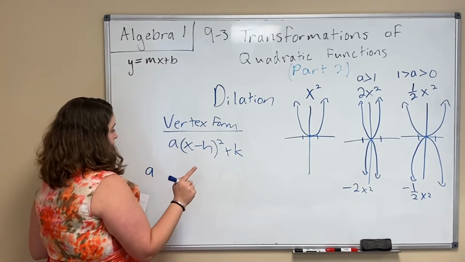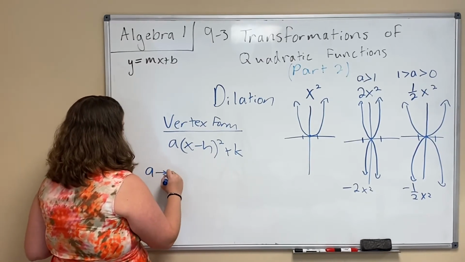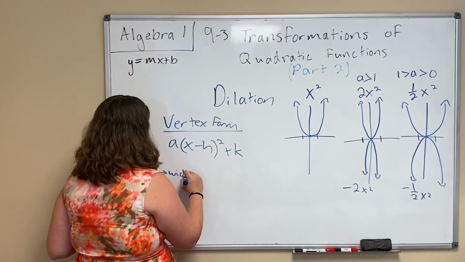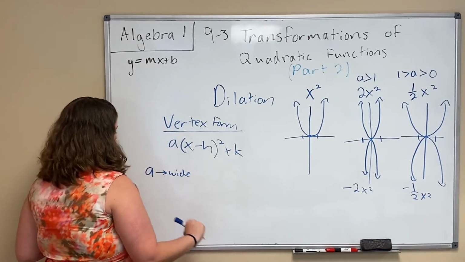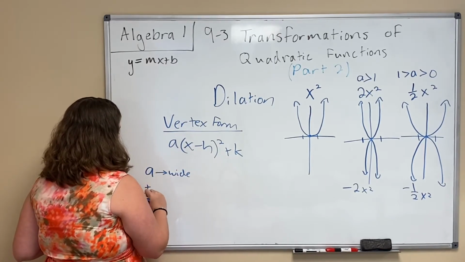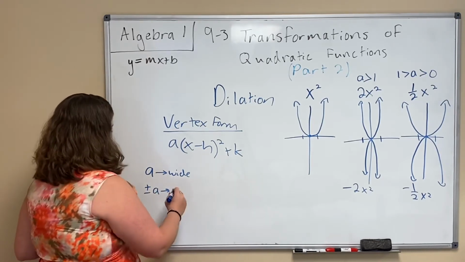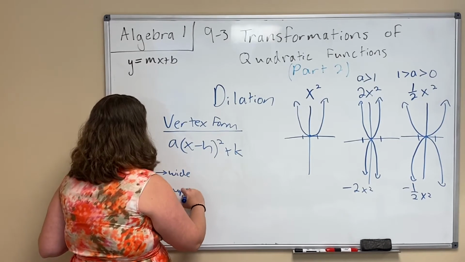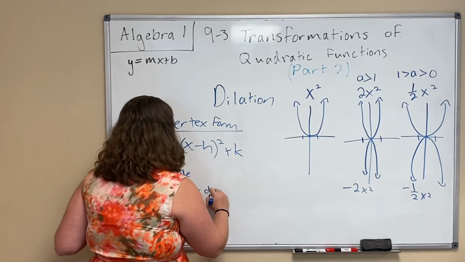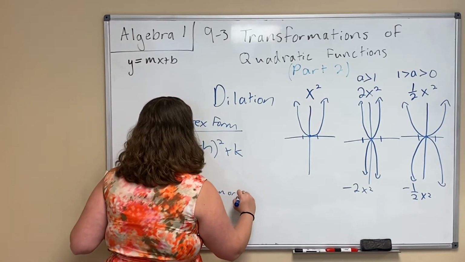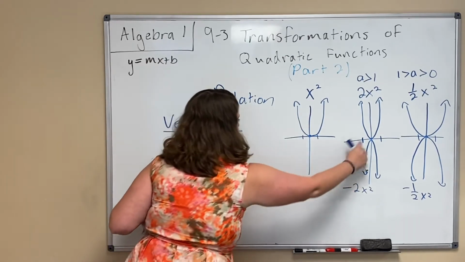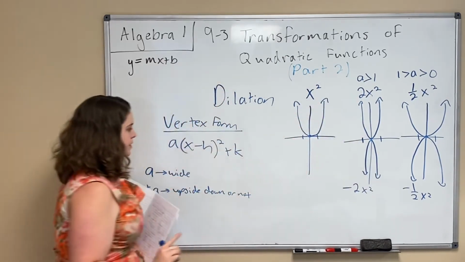Now you should remember from yesterday and what I just told you today, our A is going to tell us both how wide our graph should be and whether A is positive or negative is going to tell us whether our graph is upside down or not. Whether it's coming down or whether it's coming up.